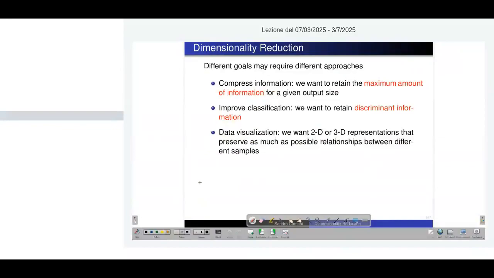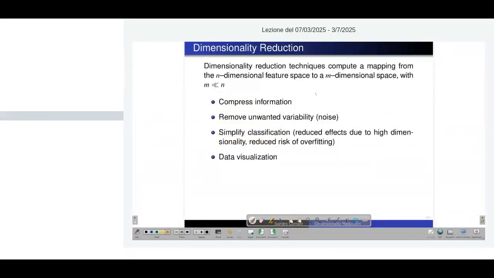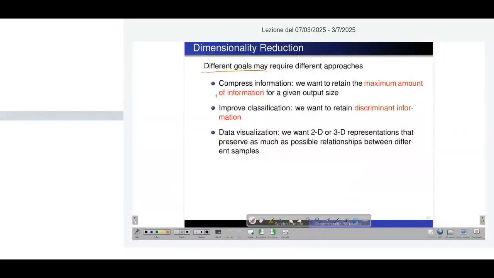Now, all these goals are actually different, so there is not going to be some solution that works for everything. The solution that we will use depends on what we want to do. That means that we need to define exactly what we want to do, decide how we can measure whether our algorithm is actually achieving that, and then, once we have defined that, we can try to figure out a solution to optimize our goal.